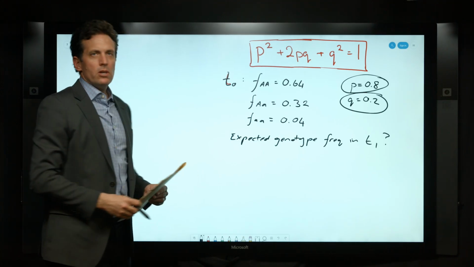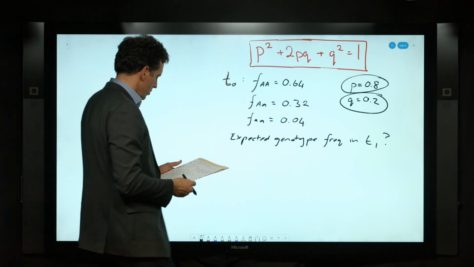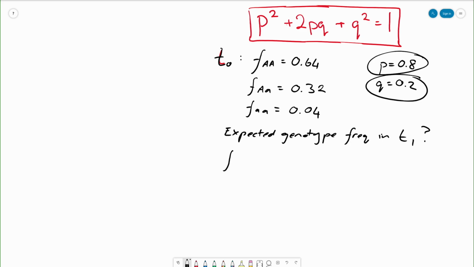And so here's where we can use Hardy-Weinberg's law to be able to compute these values. The expected frequency of the big A genotype is simply going to be our p squared. And so that is 0.8 squared, which is equal to 0.64.